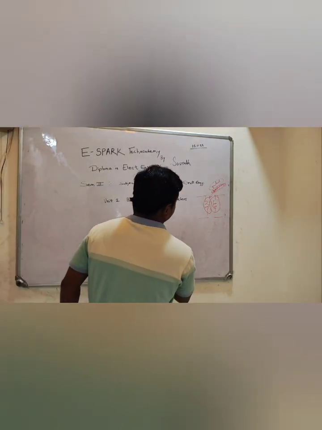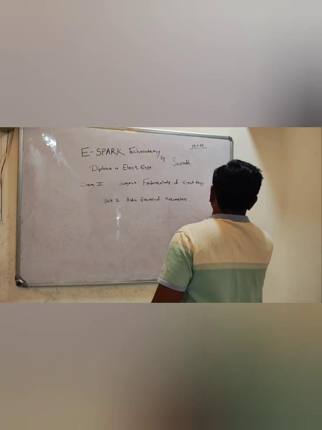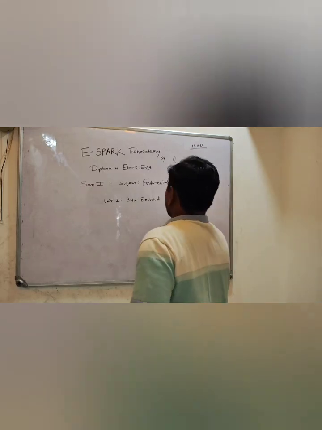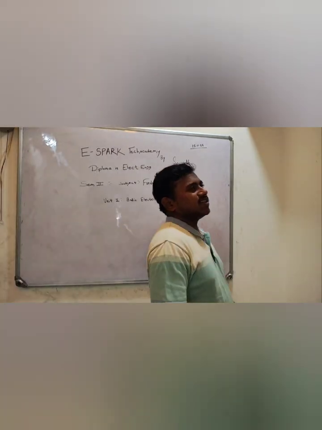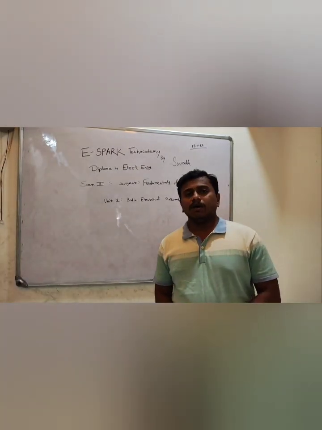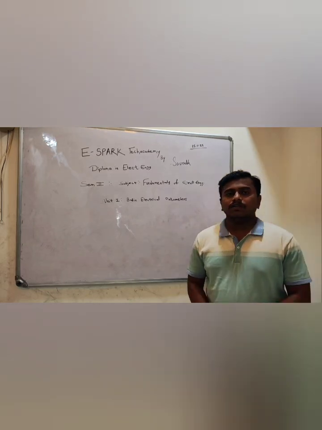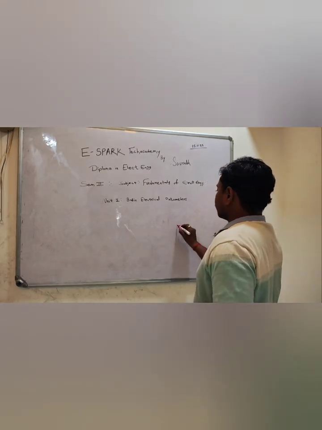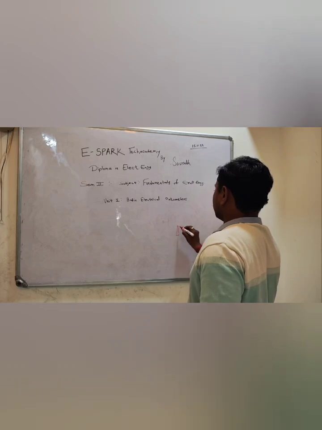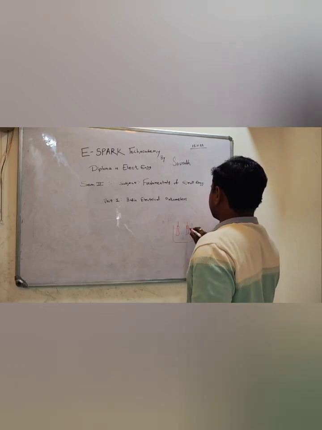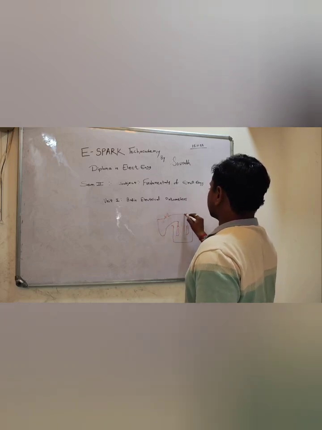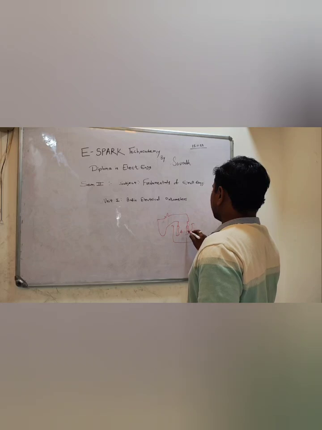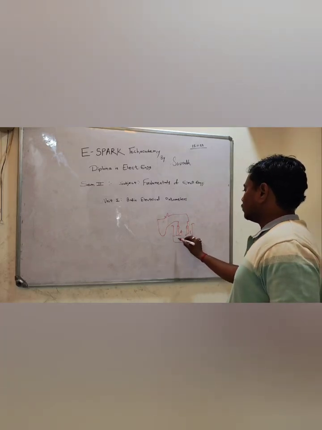Now, chemical effect. Principle of electrolysis. This chemical effect is based on when an electric current is applied through an electrolyte solution, separated by an anode and cathode in this flask.